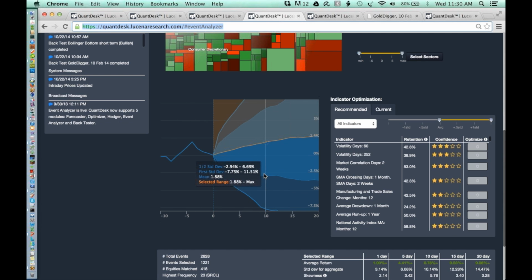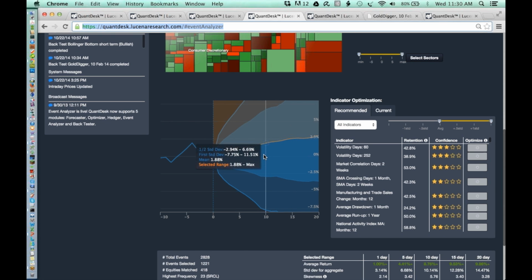But you can see over 10 days, on average, we see a return of about 1.88%, but there's a very strong standard deviation there. Just recapping, each day in history, we check for each stock in our universe, are these criteria met? If so, we buy the stock, and this is the result of what happens on average.